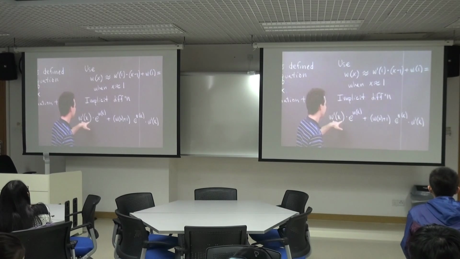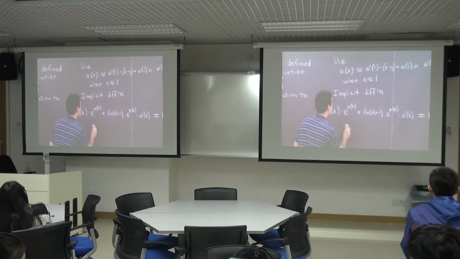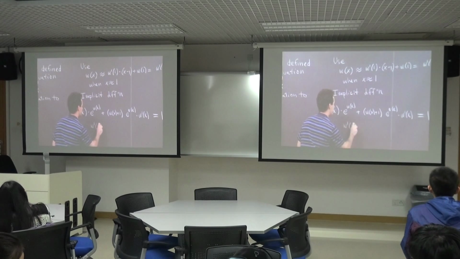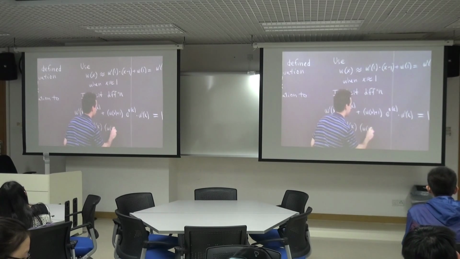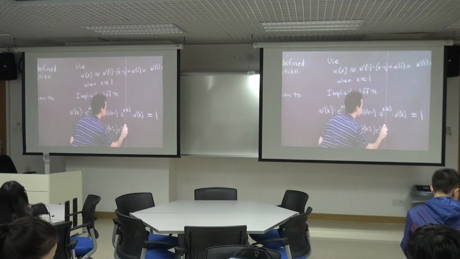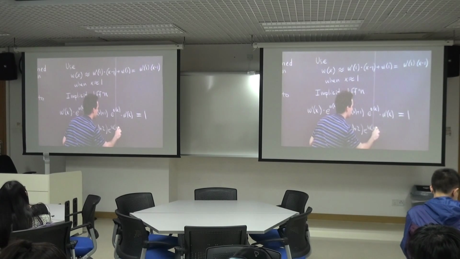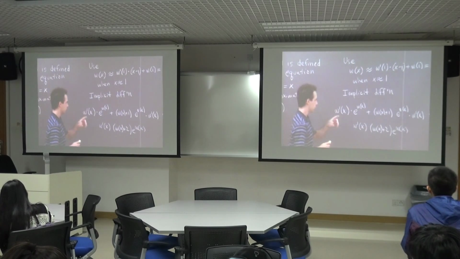So here, if we collect our W primes, this is W prime of x times, looks like W of x plus 2 times e to the W of x. Did I get that right? Looks good?